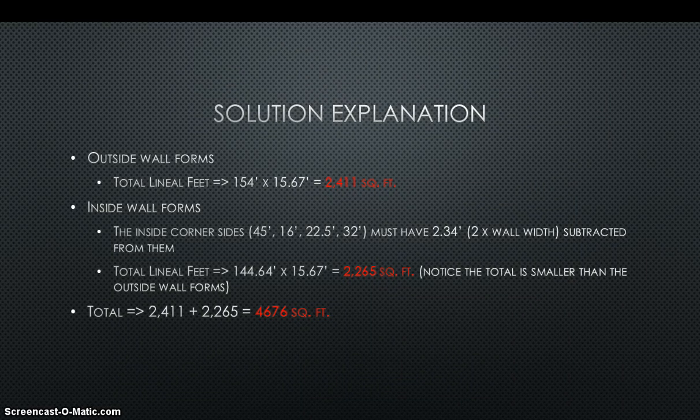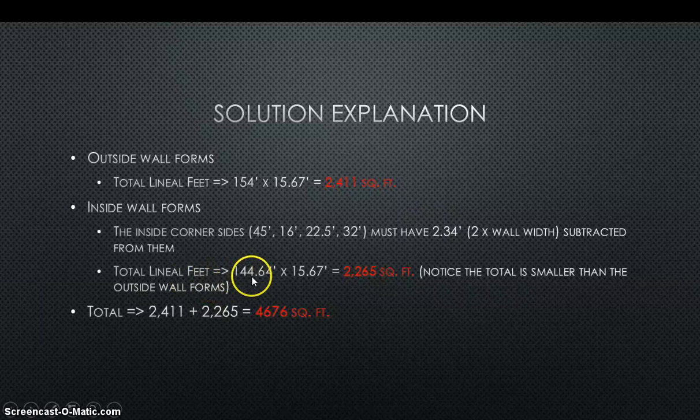Here's a little visual that I put together so that you can see it better. As you can see, our total lineal feet for our outside 154 times our height is 2,411 square feet, and our inside corners 45, 16, 22.5, 32. They must have 2.34, which is 2 times the wall width, subtracted from them.